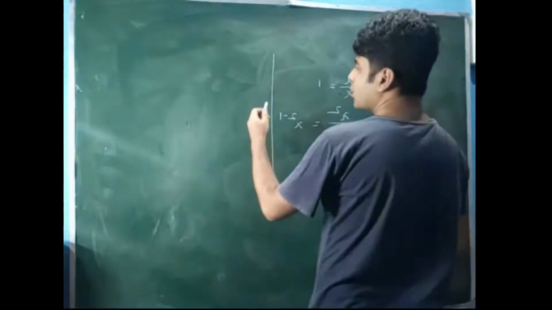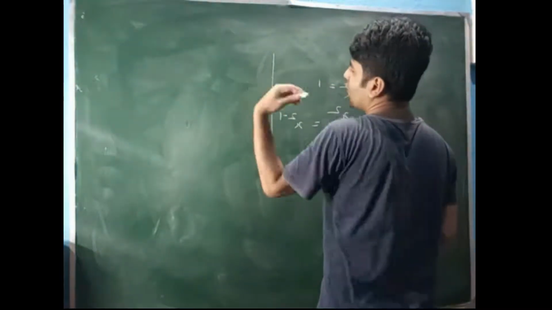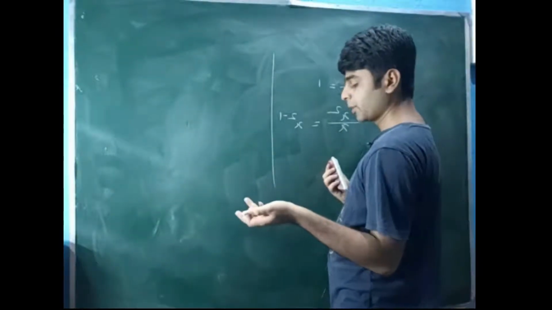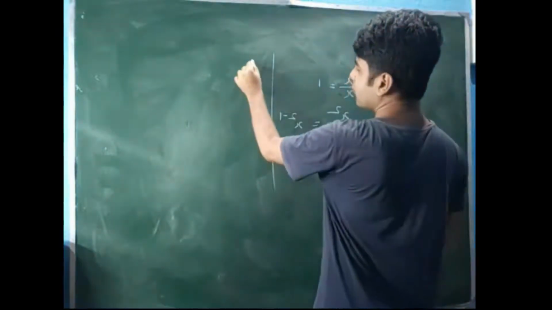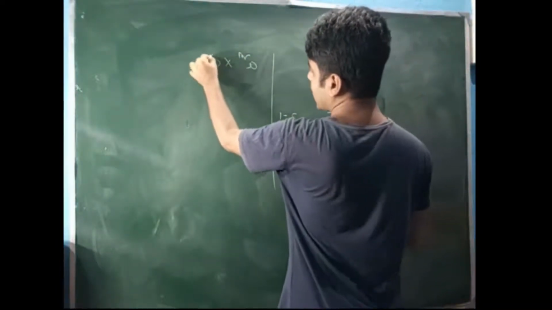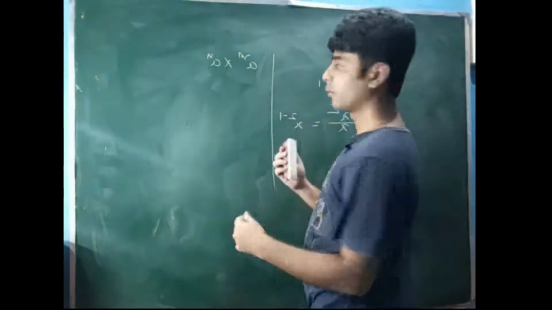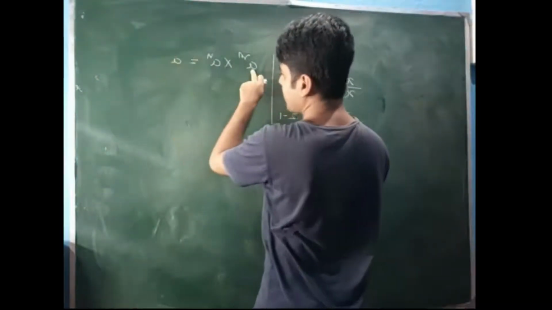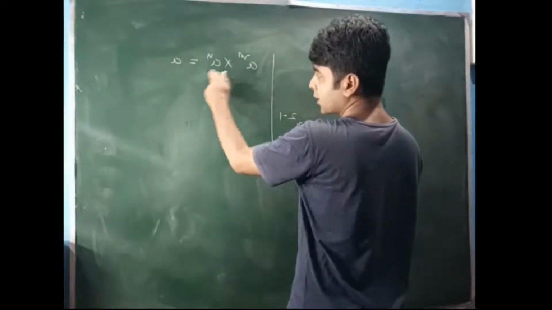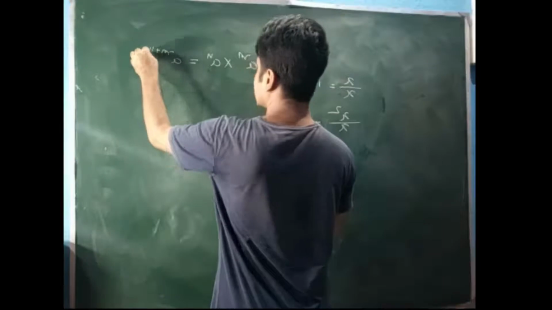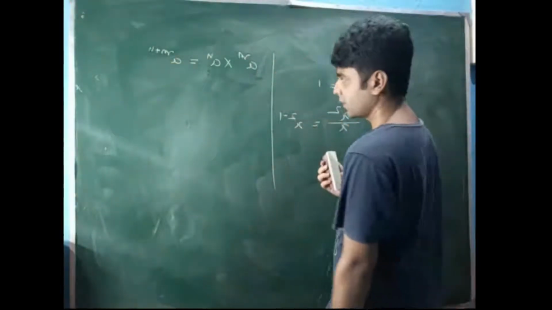Suppose you have a to the power m into a to the power n. Basically what we have to do is, the base is the same, you have to remember that the base is the same, so we add the powers: a to the power m plus n.